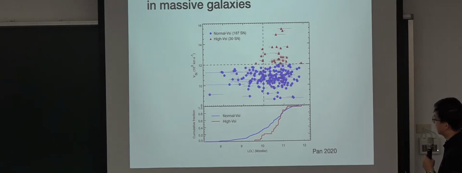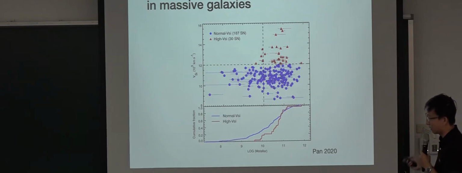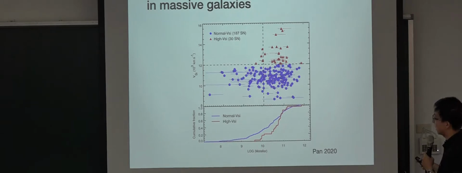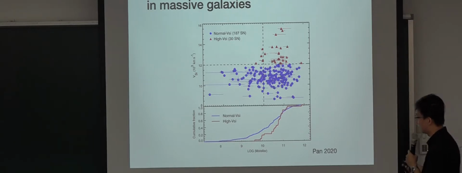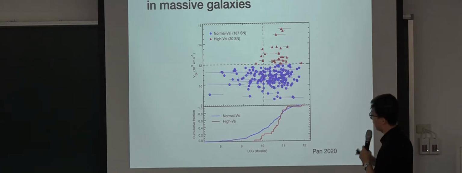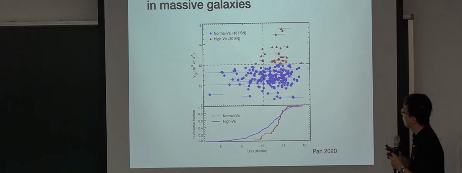Again, I use the same criterion to separate this type 1 supernovae sample, and you can see for the high silicon velocity sample, most of their host galaxies have stellar mass above 10 to the 10 solar mass. But for the lower velocity supernovae, their host galaxies can be found in both low and high mass galaxies.